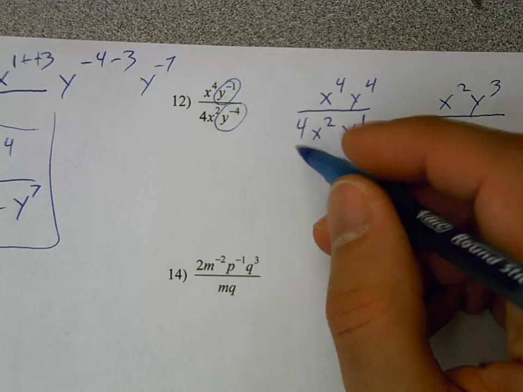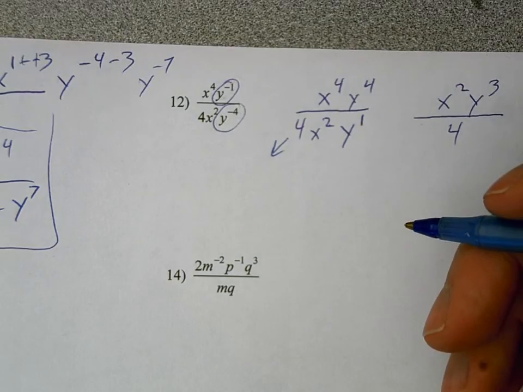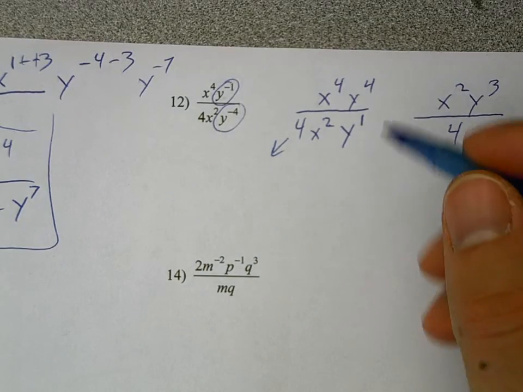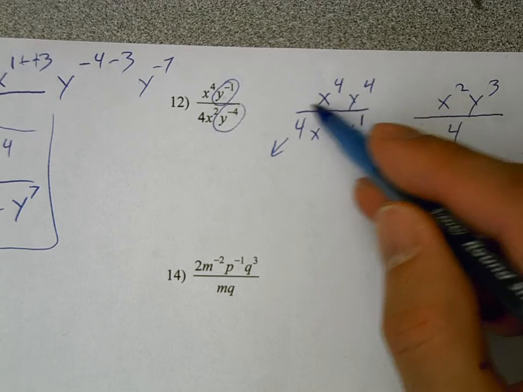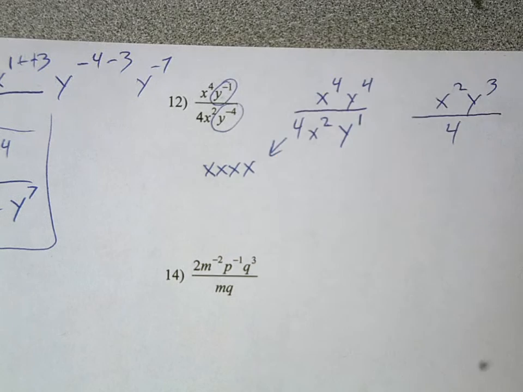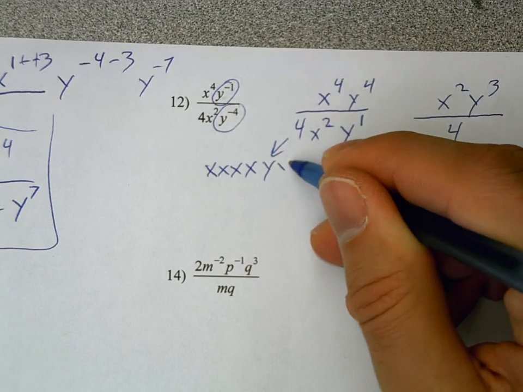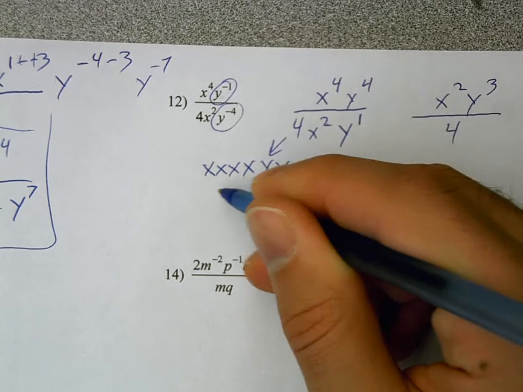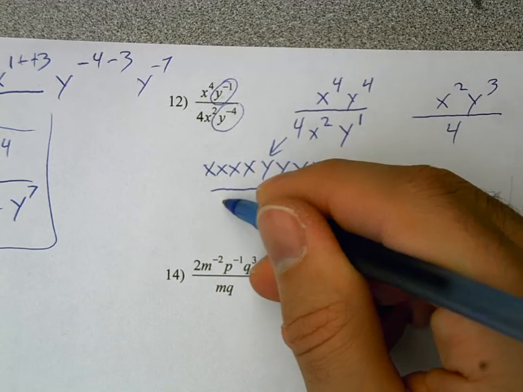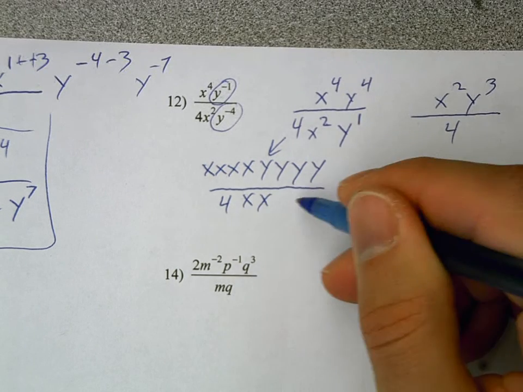Now, an alternate way to do this. If you're still struggling with what exactly is going on here, let's write this out. This x to the 4th means that there are 1, 2, 3, 4 x's on top, and y to the 4th, 1, 2, 3, 4 y's on top. On the bottom we have a 4 and 2 x's and 1 y.